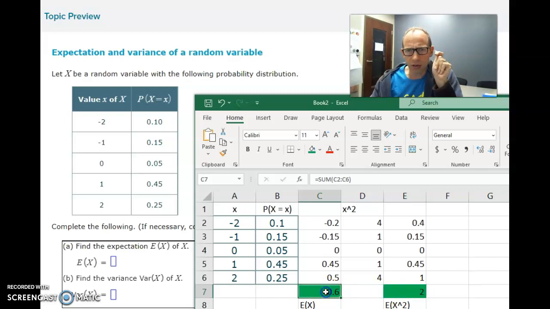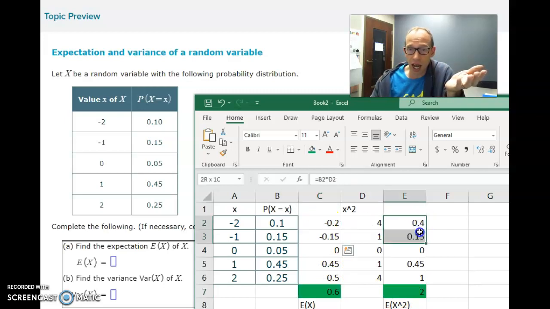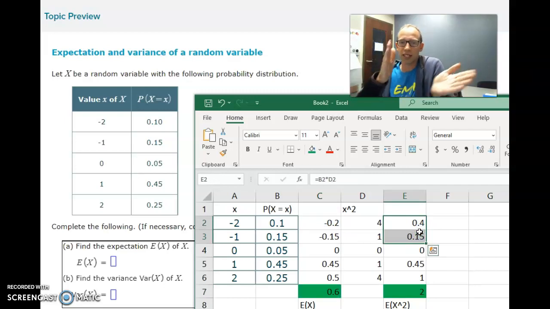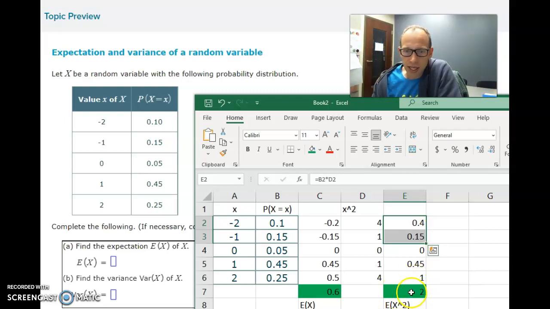And you might think to yourself, well, can't I just take the average of x and square it? That would not give you the average value of x squared. Why? Well, for one, because those negatives are going to get knocked out once you do x squared. So you're going to expect to get a higher average already. And there's some other little details in there. So this is my average x squared value. This is my average x.